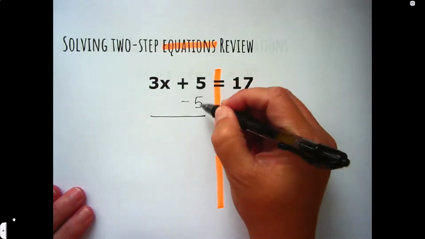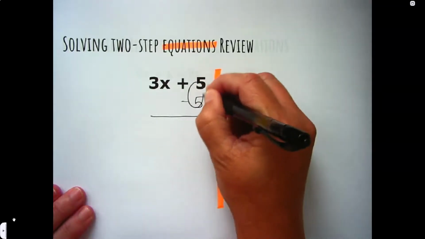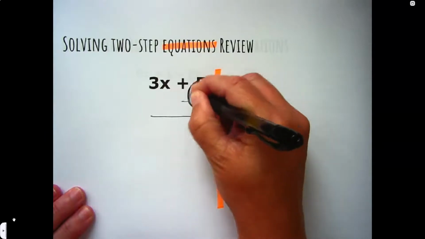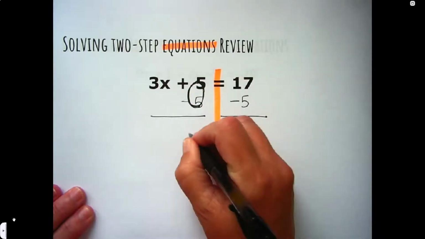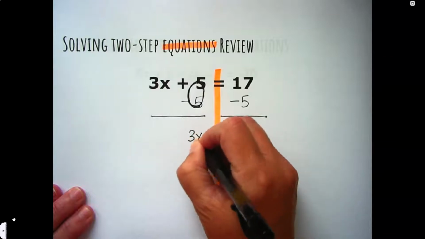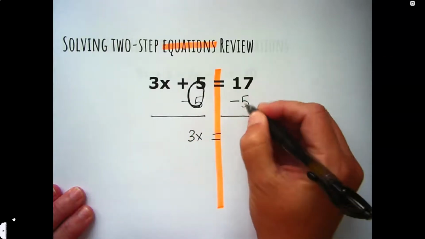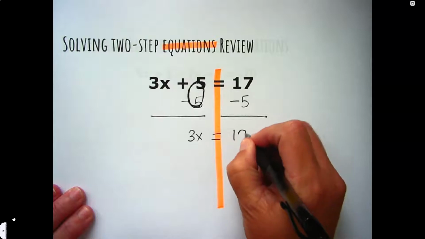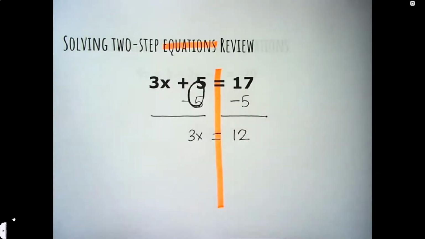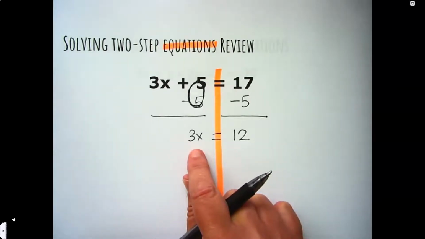Now, 5 minus 5 we know is 0. So this zeroes out. Okay, so we have 3x equal to 17 minus 5, which is 12. Now, we have 3 times x is equal to 12. So we see that this x is being multiplied by 3.